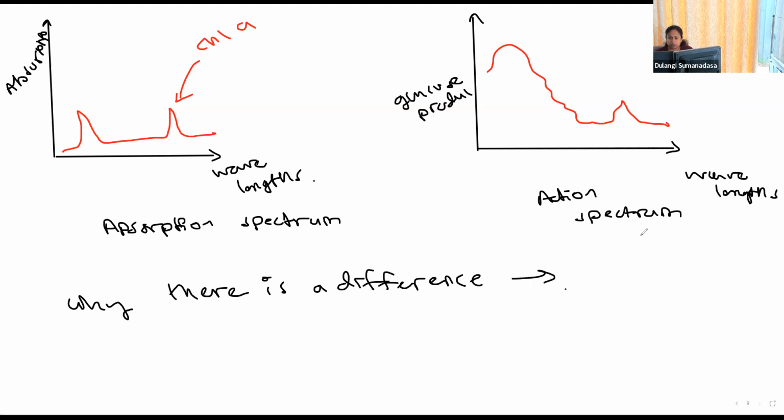So why is there a difference between the chlorophyll A action and absorption spectrums? If chlorophyll A is the main pigment, why is it not exactly the same as the action spectrum?